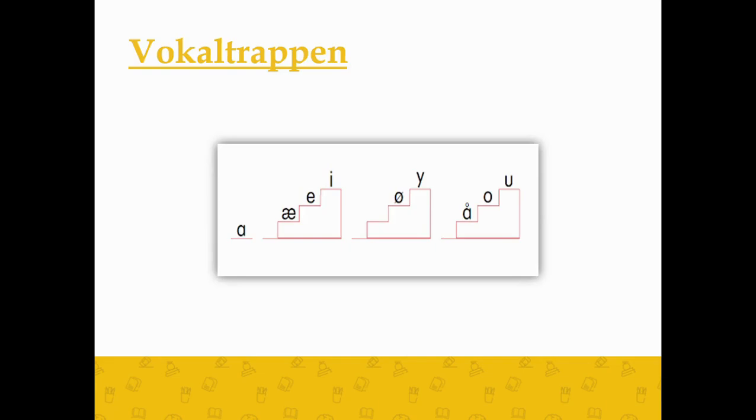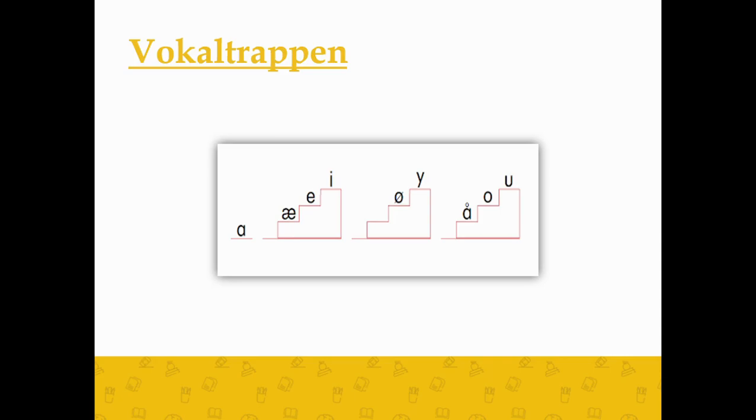So, to give you an overview, here we have what we in Danish call vokaltrappen, the vowel staircase. So you see, A doesn't really change based on if it has one or two consonants, but the other vowels do. If you take the first staircase, you have the vowel I on top.